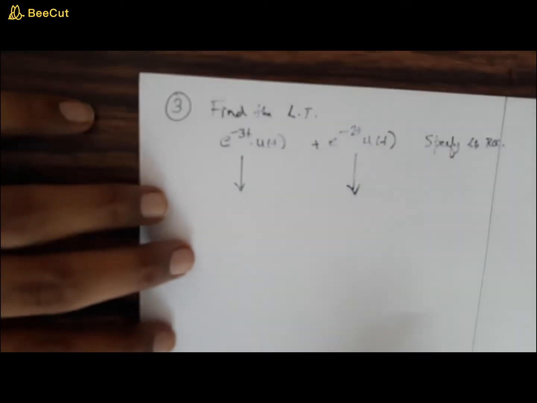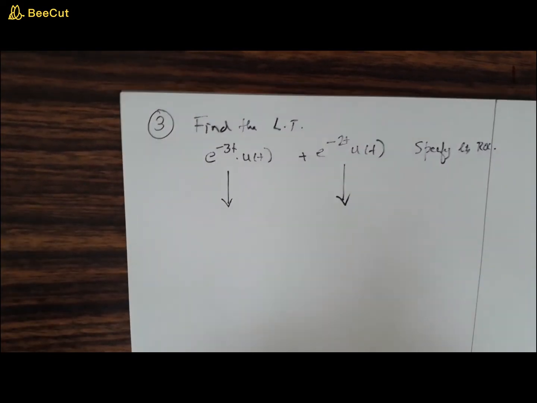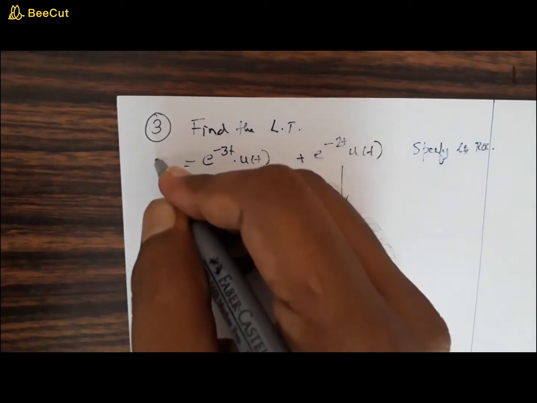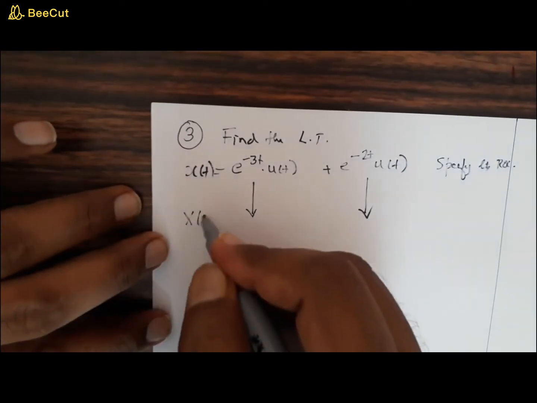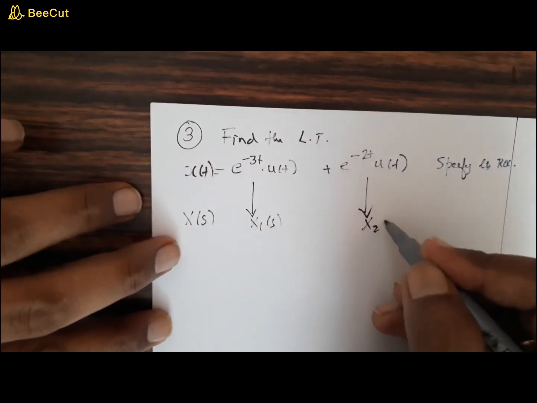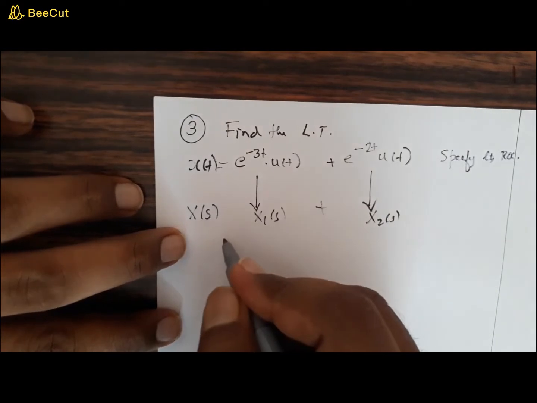This property we have already studied, as well as in the properties of the Fourier transform. If you have an individual Laplace transform, x of s will be x1 of s plus x2 of s. So you can find each individually.